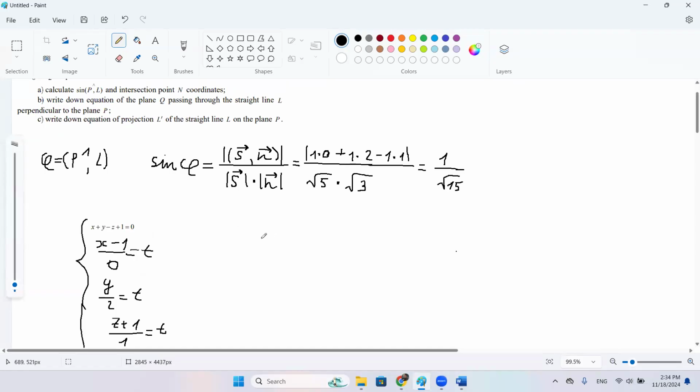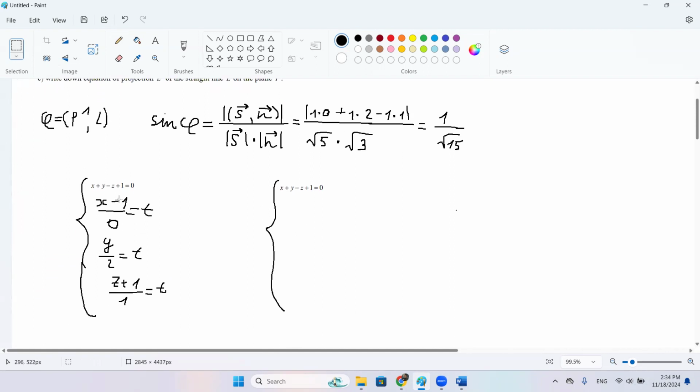Okay, so what do we have? x equals 0t plus 1, so x equals 1. The 0 coordinate of the direction vector just means that the coordinate is always constant.